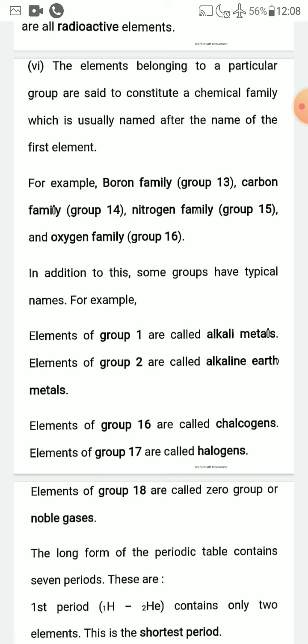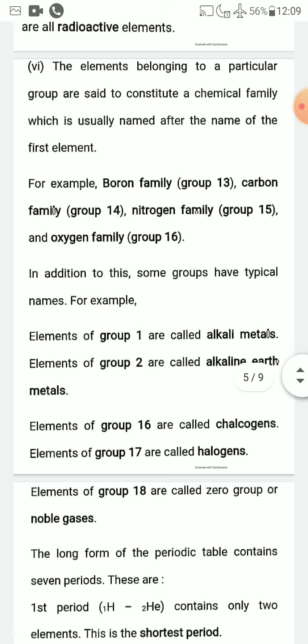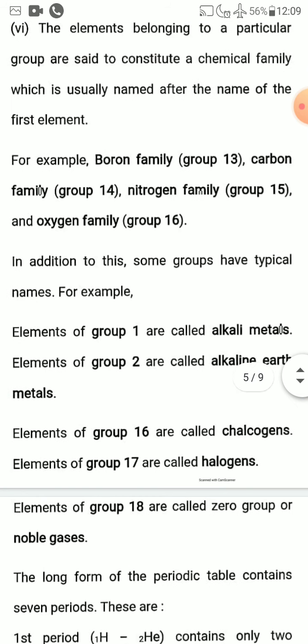In addition to these, some groups have typical names. Elements of group 1 are also called alkali metals. Elements of group 2 are called alkaline earth metals.